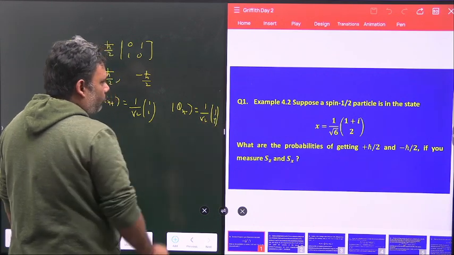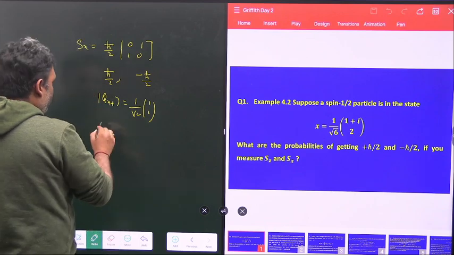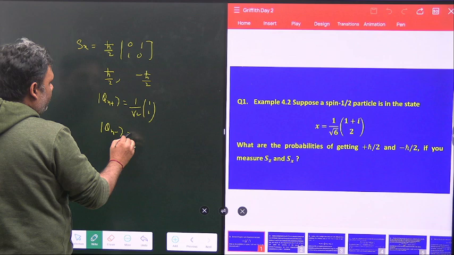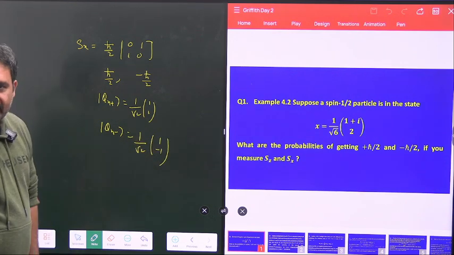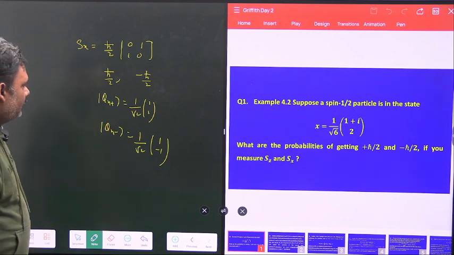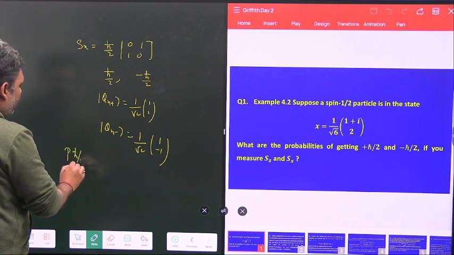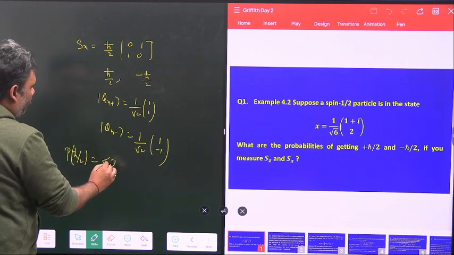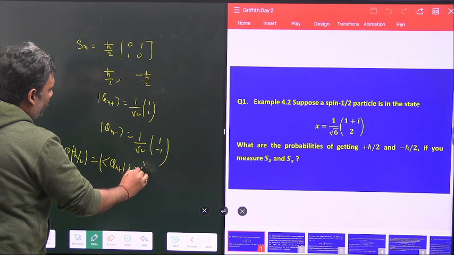Are you getting my point? So this value is phi x minus, that is 1 by root 2 (1, -1). Clear? So when we go for this, again you will go for postulates. So the probability of getting ħ/2 is equal to phi x plus with chi, mod square.